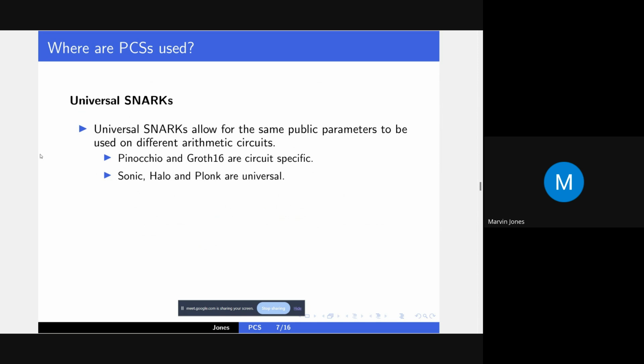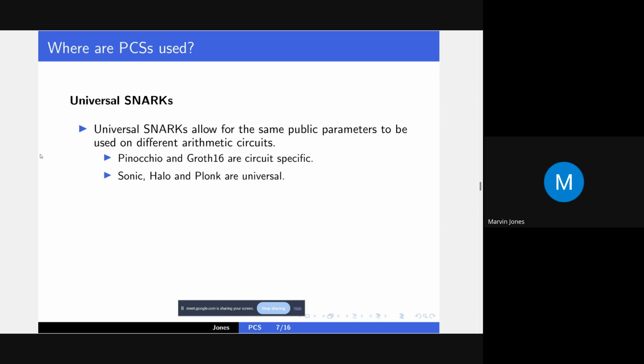And universal SNARKs, because they are able to work with different arithmetic circuits, the details of the circuits cannot be baked into the protocol. With Groth16, if you look at the circuit construction, it is literally part of the public parameters.